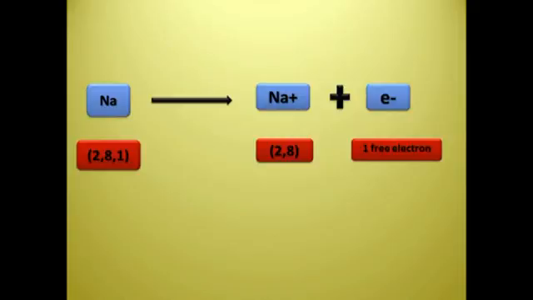Let us see one more example. The atomic number of chlorine is 17. Therefore, the electron configuration is 2, 8, 7. Its outermost energy level has 7 electrons.